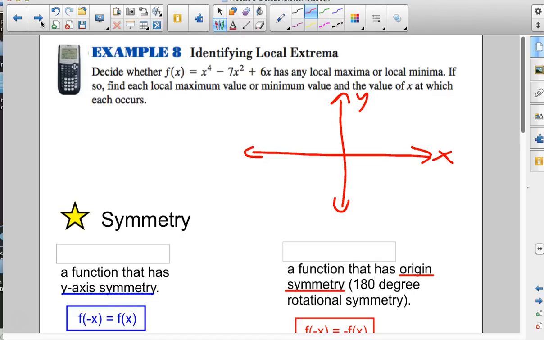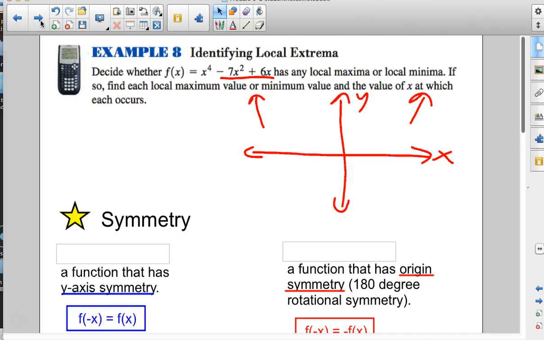Fourth power, positive leading coefficient. It's going to be parabolic. So what we're going to see is out here somewhere it's going to go up, and out here it's going to go somewhere up. Because whenever we talk about the even degree polynomials, they're going to be parabolic. But what we don't know about yet is what's going to happen in between. Because it's not just x to the fourth. There's some lumpy bumps taking place there.